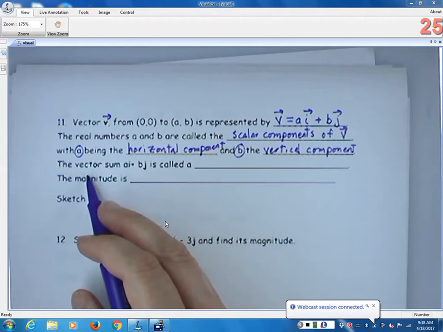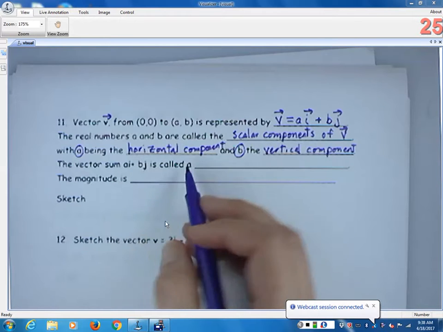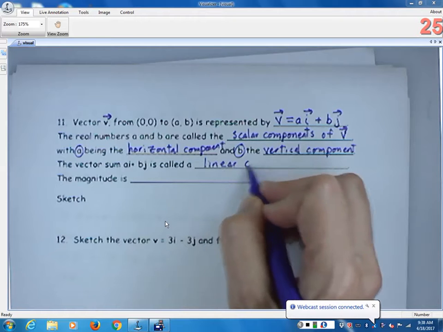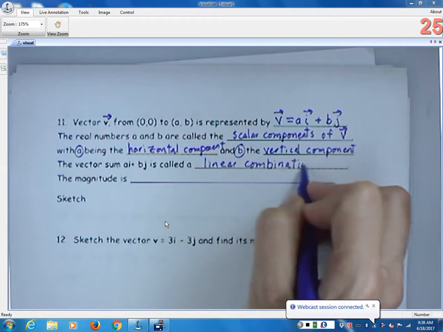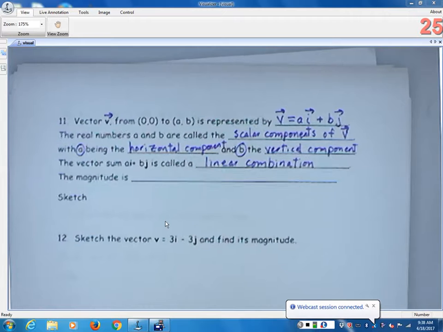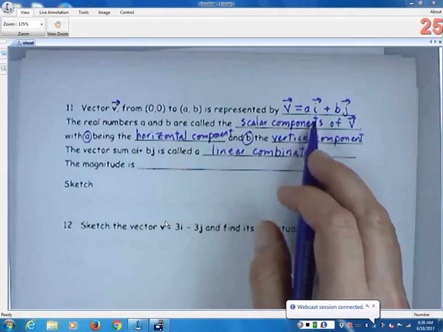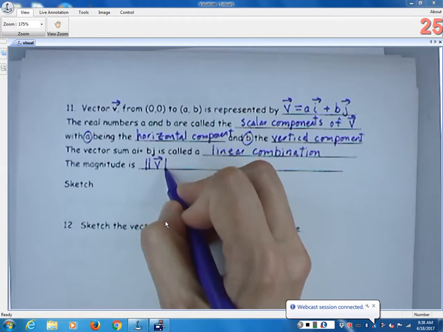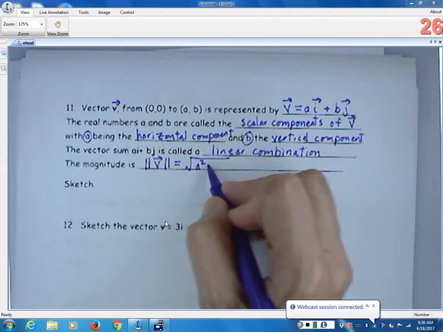The vector sum ai plus bj is called a linear combination. And the magnitude of the vector v defined this way is the square root of a squared plus b squared.